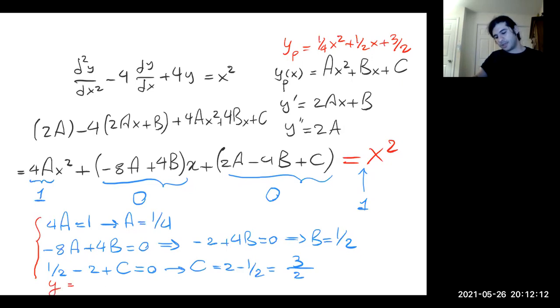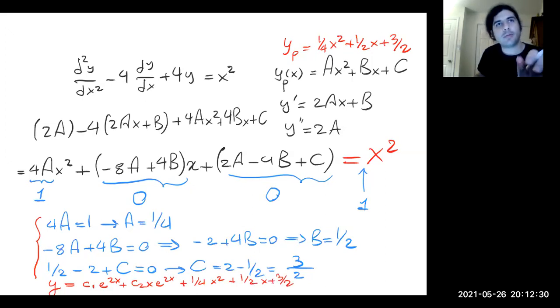The general solution is c1 e to the 2x plus c2 x e to the 2x plus 1 over 4 x squared plus 1 over 2 x plus 3 over 2, if there is no computational mistake. 3 over 8. Yes. Well, you can also check to make sure everything's correct.